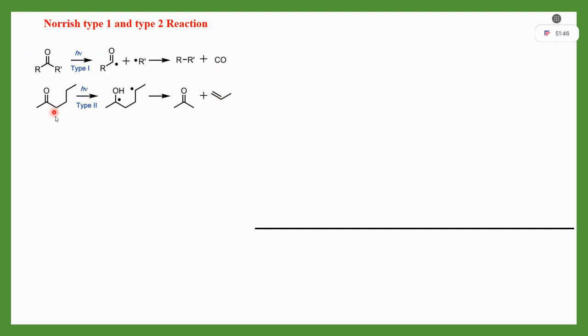In Norrish type 2, both possibilities are there: alpha cleavage can occur from both sides, and the other possibility is alpha, beta, gamma hydrogen abstraction. When gamma hydrogen abstraction takes place, let me draw it for understanding.